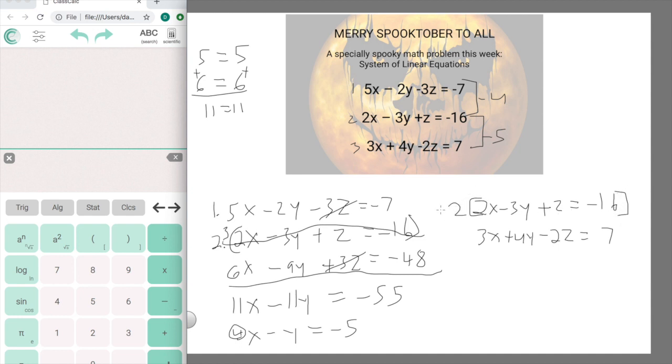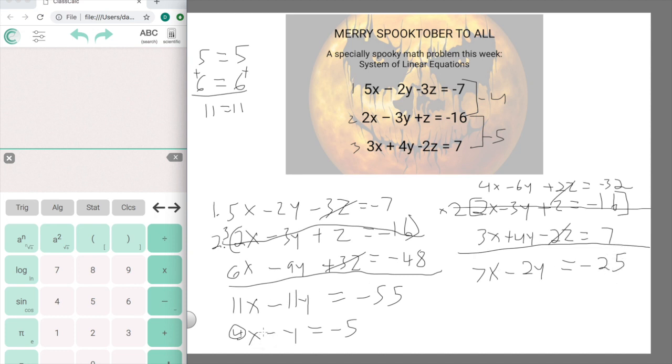That's going to give us 4x minus 6y plus 2z equals negative 32. To get rid of the z's, we're going to have to add them. So 2z plus negative 2z is going to give us 0. Now we add the 4x and 3x, which will give us 7x. And negative 6y plus 4y will give us negative 2y. On the other side, we're going to get negative 32 plus 7, which will give us negative 25.